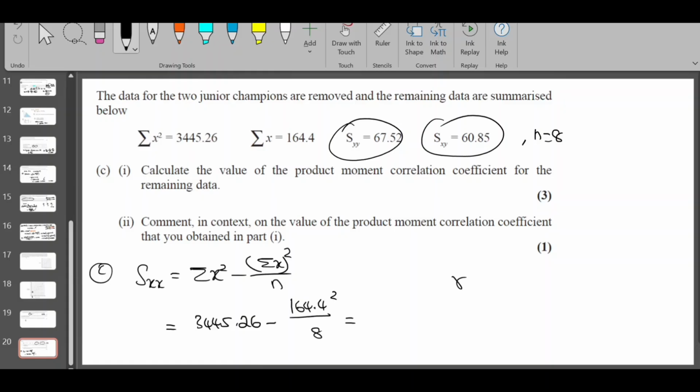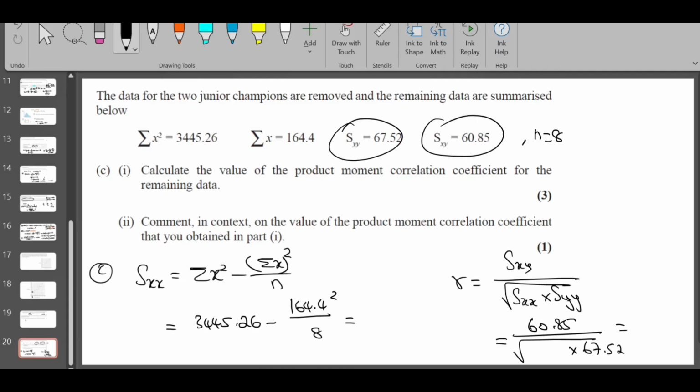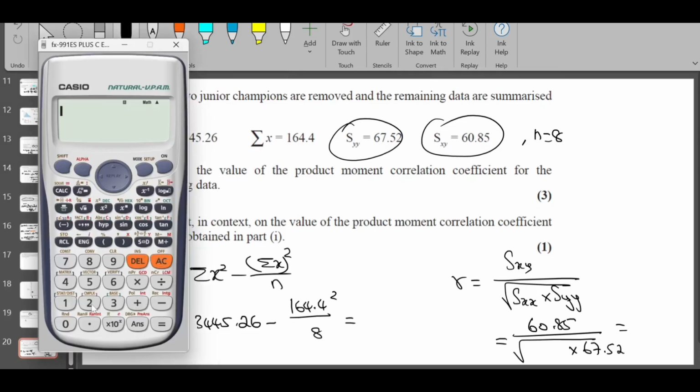And then PMCC R is, the formula is SXY over square root of SXX times SYY, which is 60.85 divided by square root of SXX, we are calculating. SYY is 67.52. So let's calculate SXX first.